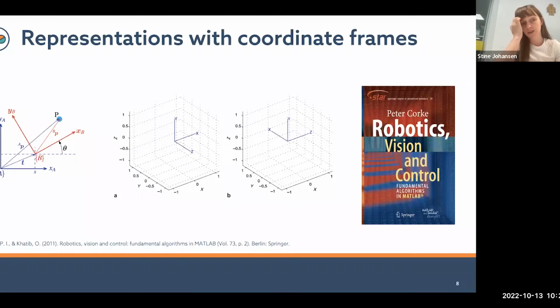So in the illustration to the left side here, there are two coordinate frames, the blue and the red one, relating to a world point, the point P, and it describes how one of the frames is transformed in relation to the blue frame. So that's one way to describe a movement in a very abstract but very useful mathematical way.